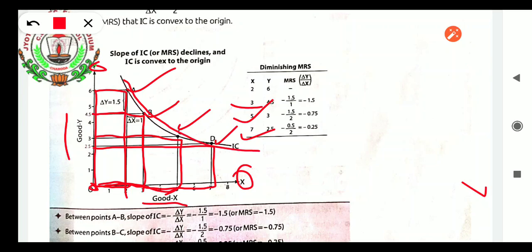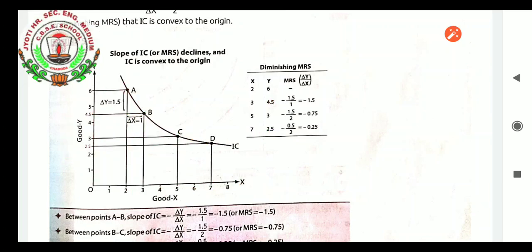So this is the way we get this graph. And for scale measurement, always keep a minor division of 1 to 3 and up to 10, it will be enough because our calculation is inside 10 units. I think it is clear, diminishing MRS and all the things are clear to you students. So this is the way MRS is formed.